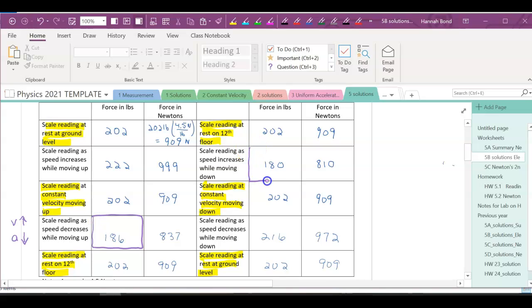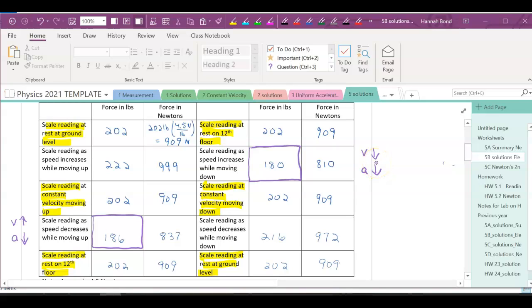Here's the other situation where the scale reading is less than his weight. In this situation, he's starting to move down, coming back to the ground floor, so his velocity vector is pointing downward. But since he is speeding up at that point, he was at rest and now he's starting to move, his acceleration is in the same direction as the velocity, which is also downward.